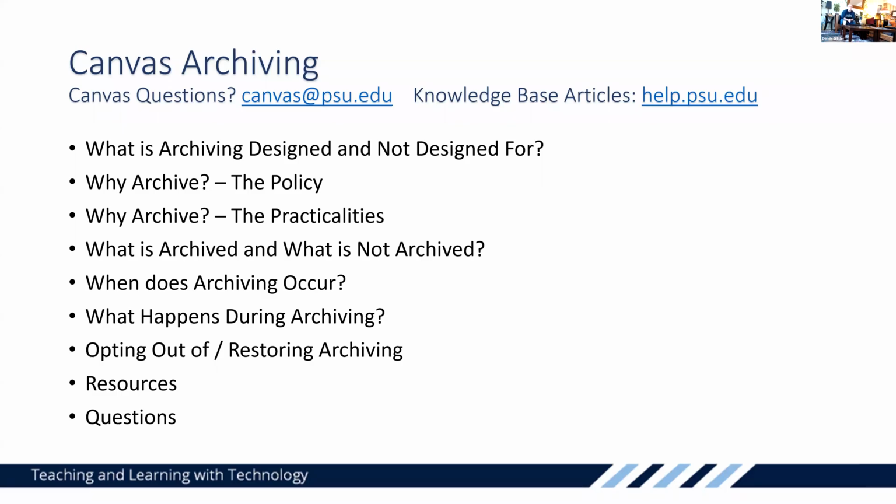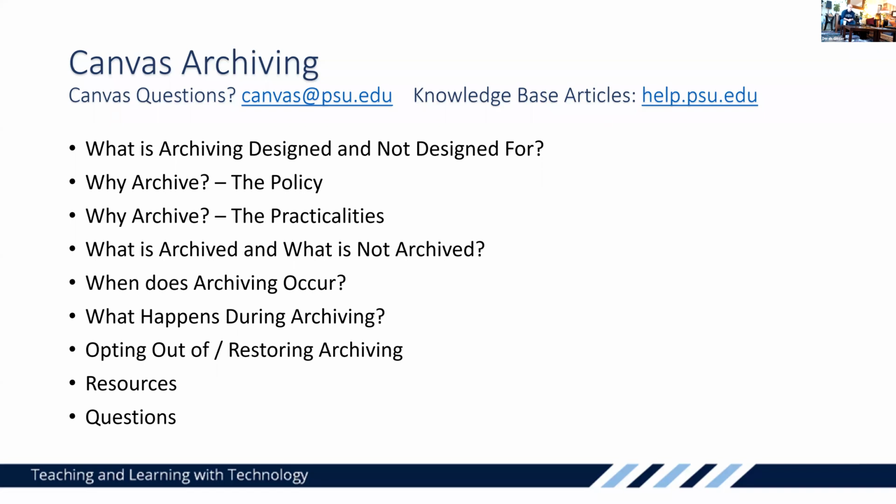First of all, I want to go over an outline of what I'm covering today, specifically what archiving is designed to do and what it is not designed to do. Then the two reasons why we archive, both for the policy reasons and for the practicalities of managing a system such as Canvas with as many courses that we have at Penn State. Next, I'm going to go over what is archived and what is not archived from Canvas.